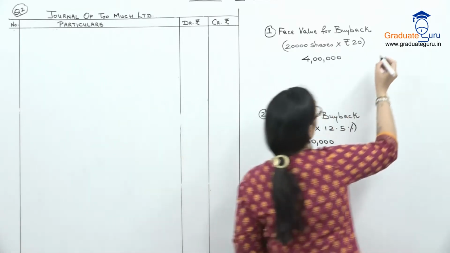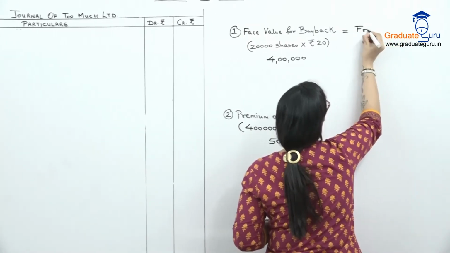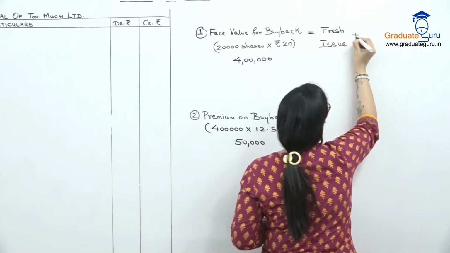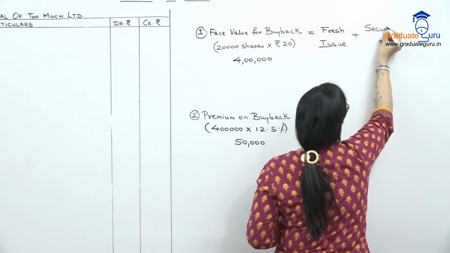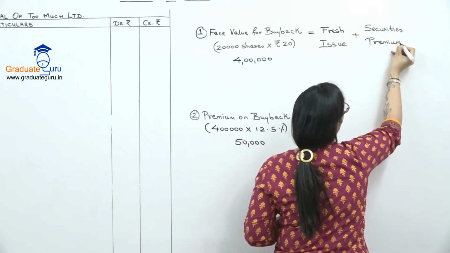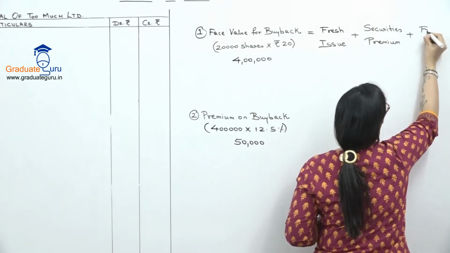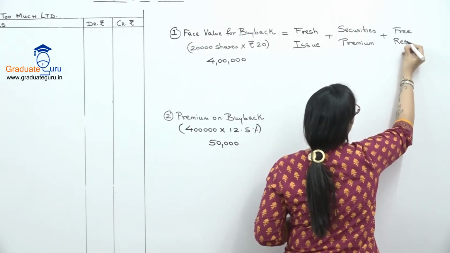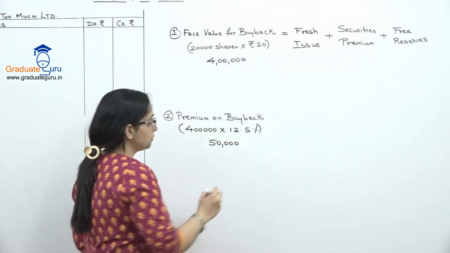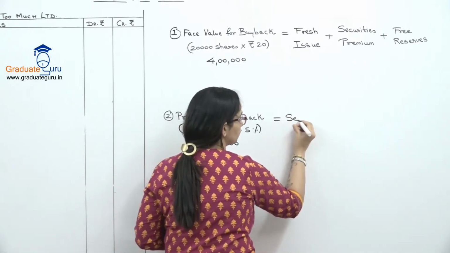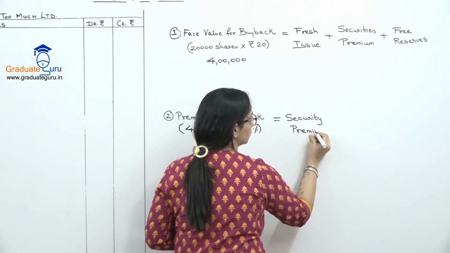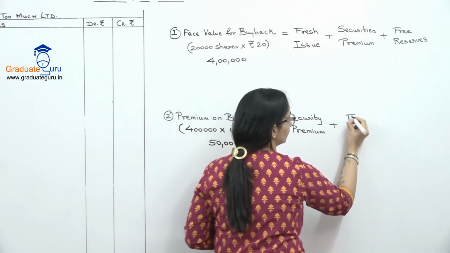So first we'll write that down. So my face value could come from fresh issue or securities premium or free reserves, are 3 sources. Whereas premium can come from security premium and free reserves.